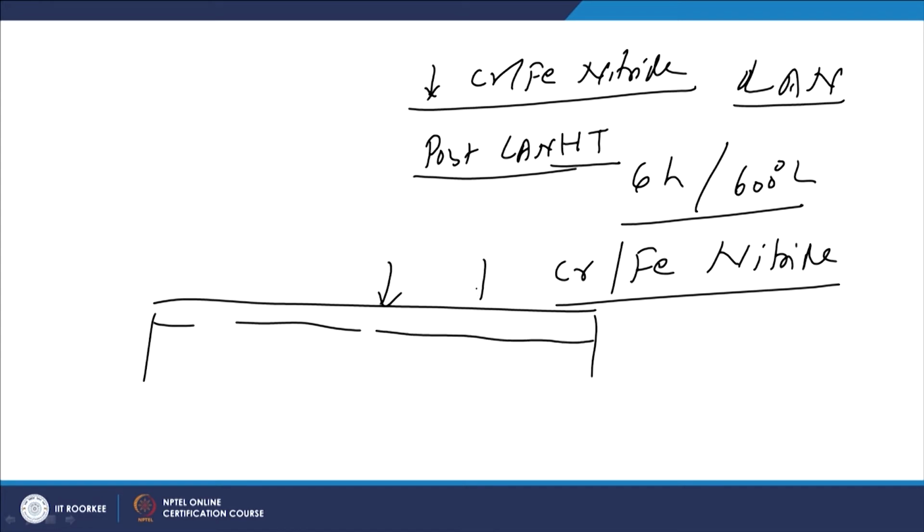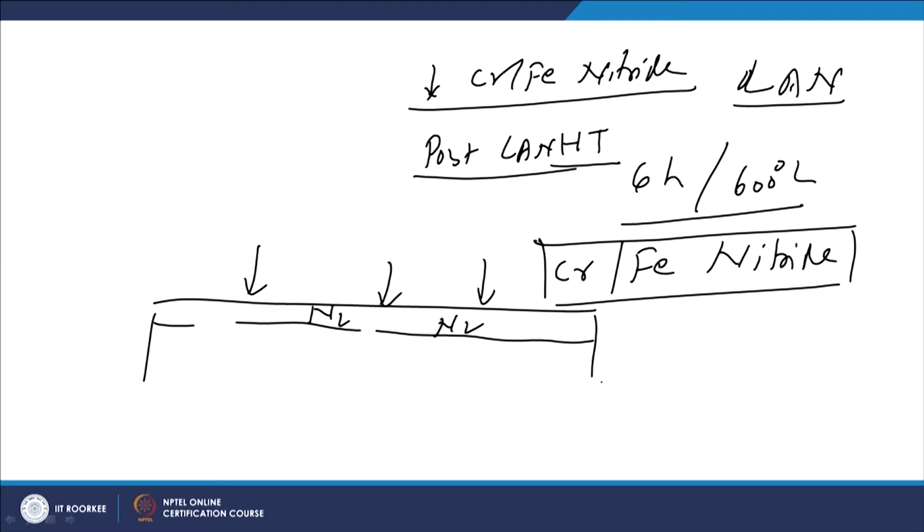So, the laser assisted nitriding will simply increase the nitrogen concentration near the surface layers, and subsequent heat treatment will facilitate the formation of the required nitrides of chromium or iron in this particular case. And similarly, if nitride forming alloying elements are present in the steel, then the effectiveness of this process will be further enhanced.